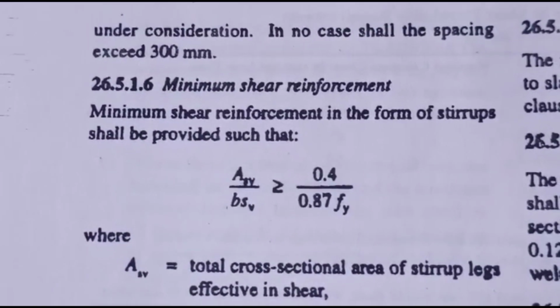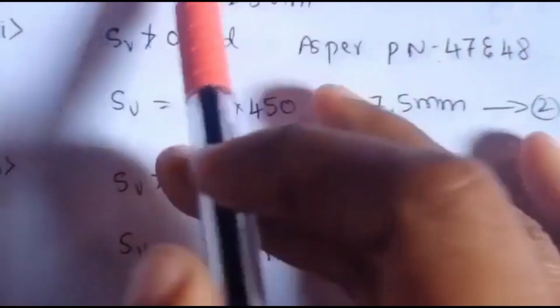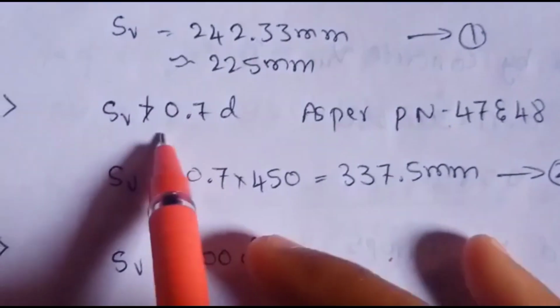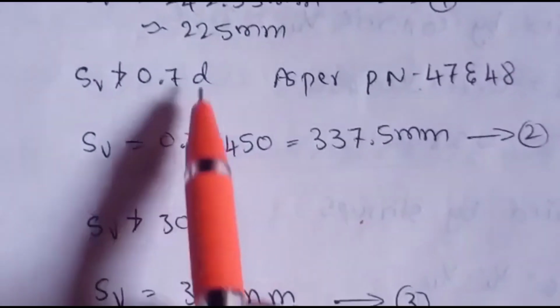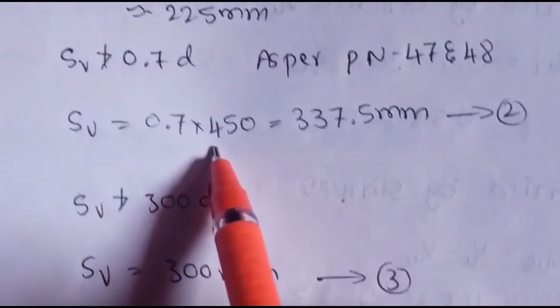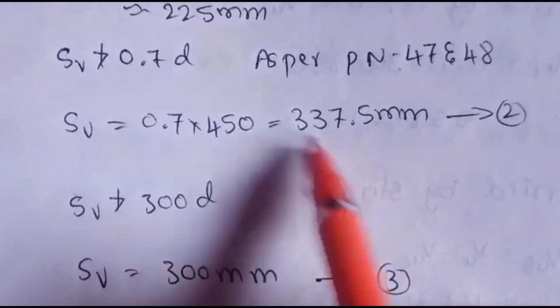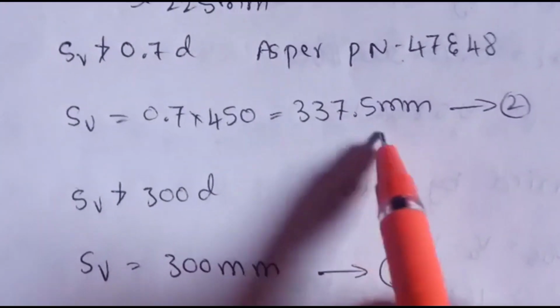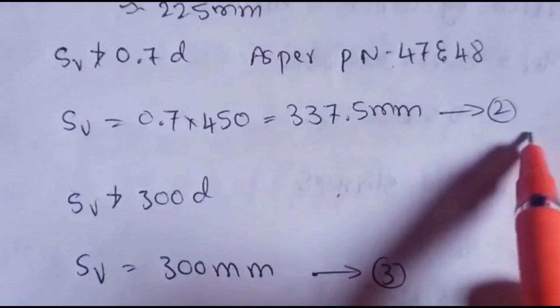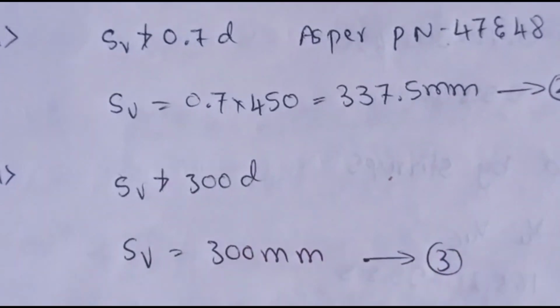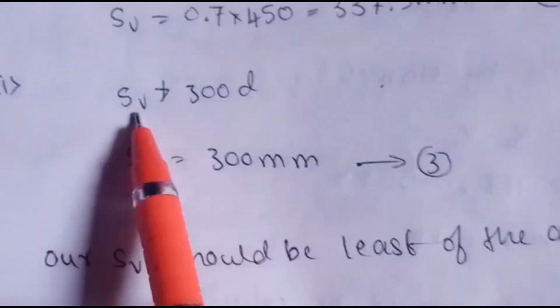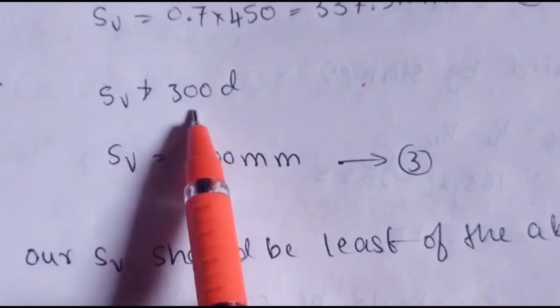We'll see. Our Sv value should not be greater than 0.75 d. The d value is 450. Substitute all the values and simplify this. We'll get our Sv value as 337.5 mm. Call this equation 2. In case 3, our Sv value should not be greater than 300 mm.